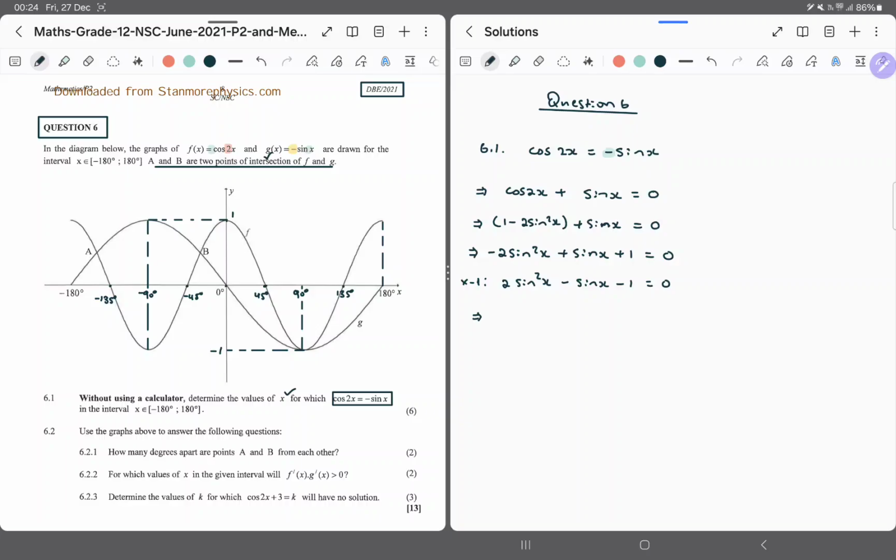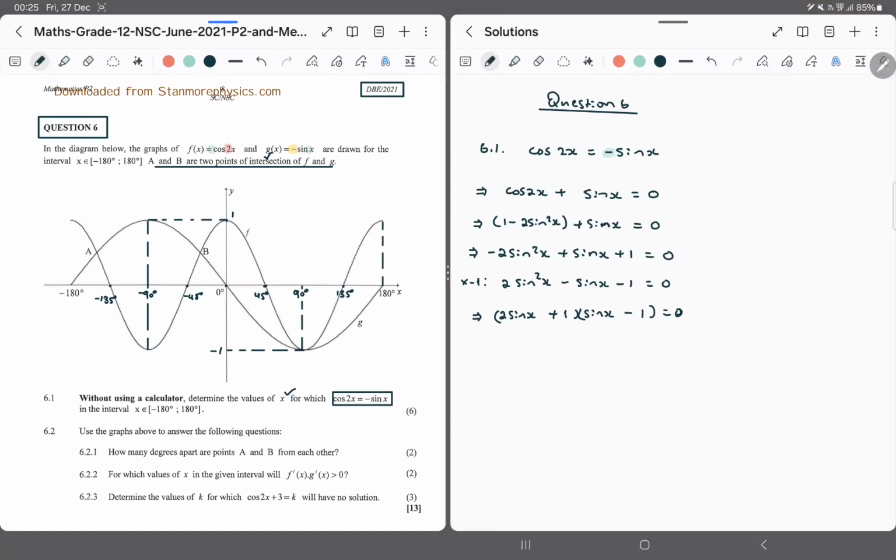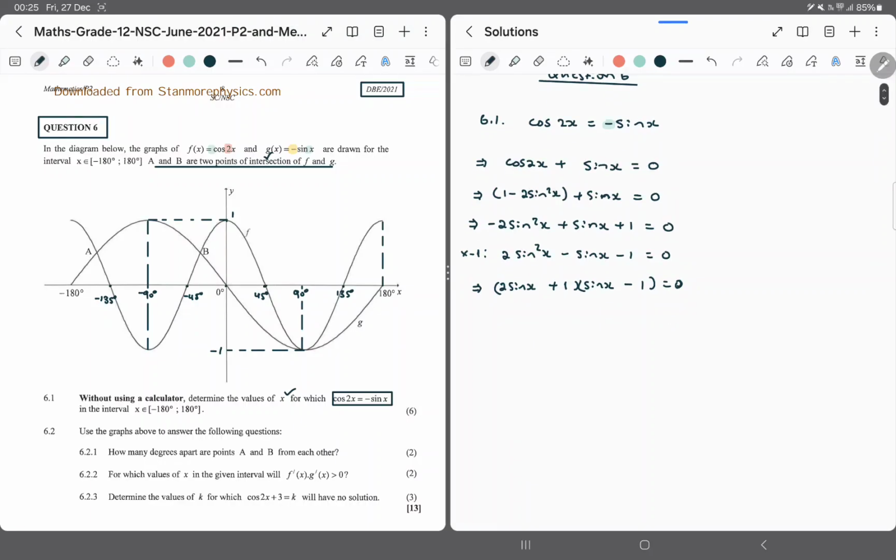Then we factorize. It almost always works, but when it doesn't, we use the formula. Oops, not squared. Sine x minus 1 plus 1. Don't do this nonsense right now. Now, let's see what is going on here.